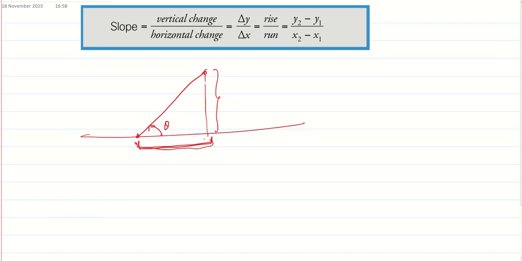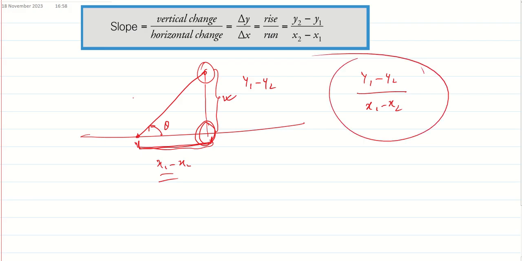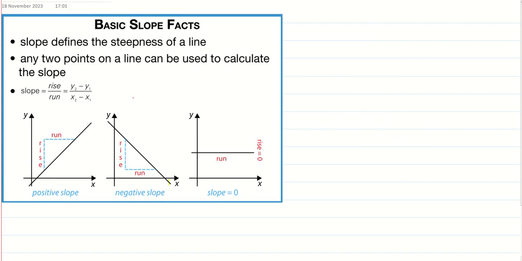Exactly the same thing. And how to find out vertical change? You know the line parallel to the y-axis, so y1 minus y2. How to find out this one? x1 minus x2. Just divide, that's all. So y1 minus y2 divided by x1 minus x2. Correct? So let's go ahead, we'll try.